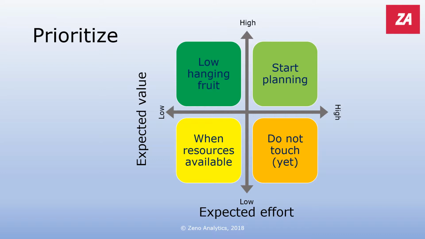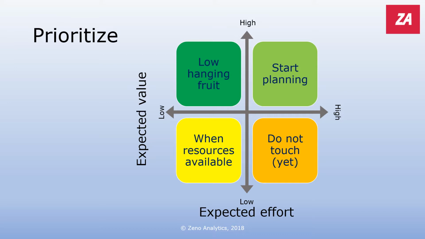If the expected value is high but the effort is also high, you may want to start planning those initiatives. If the expected value is low and the expected effort is low, you may want to do that when resources are available. And the ones where the expected effort is high but the expected value is low, you do not want to touch yet, because that might change in the future.